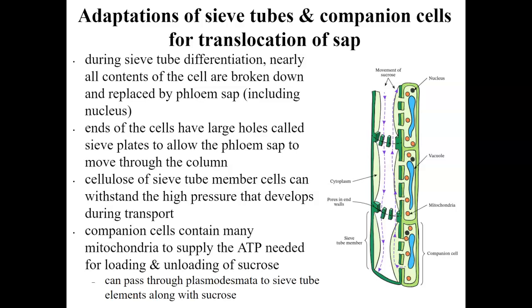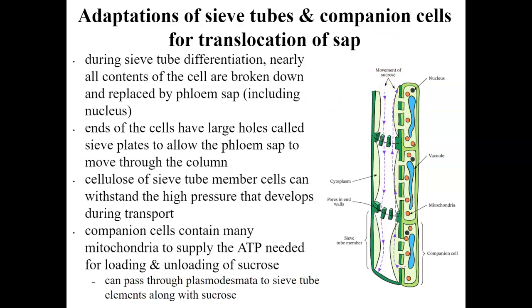As the sieve tube member matures and goes through differentiation, becoming a mature cell, pretty much everything from the cell membrane inward, which is collectively called the protoplast, gets broken down and removed from that cell. That allows these cells, even though they're alive, to have more space for this bulk movement or mass movement of sucrose transport.